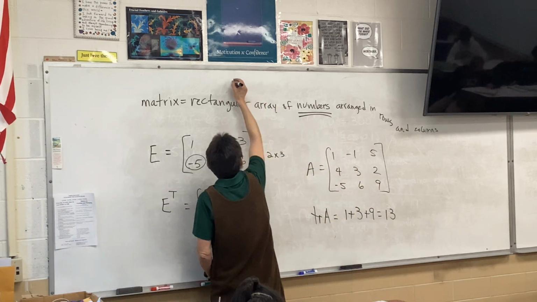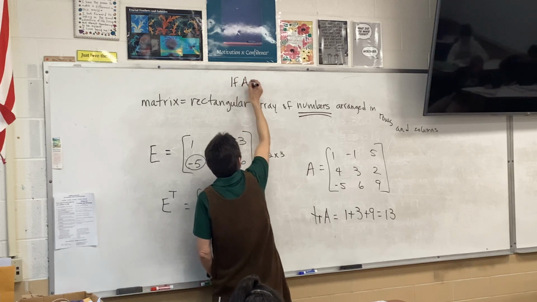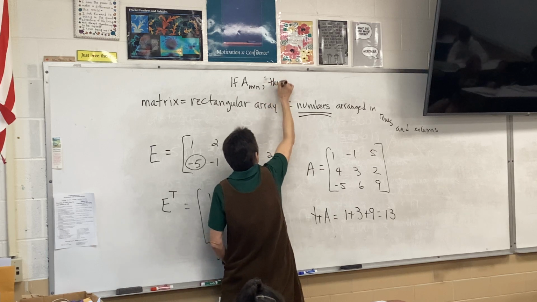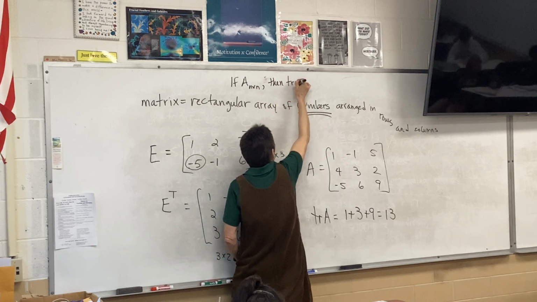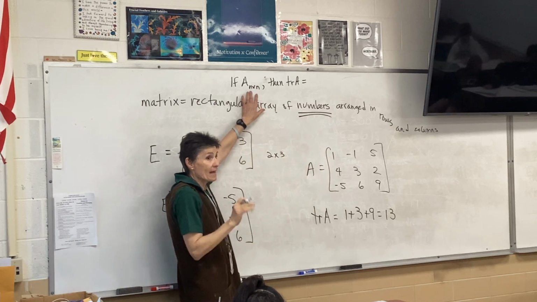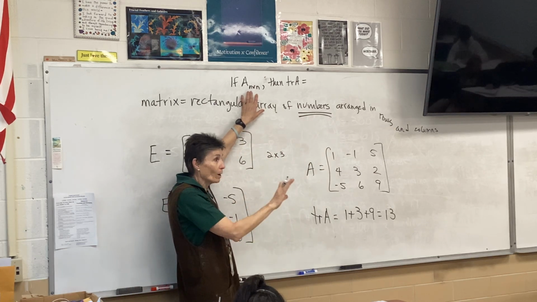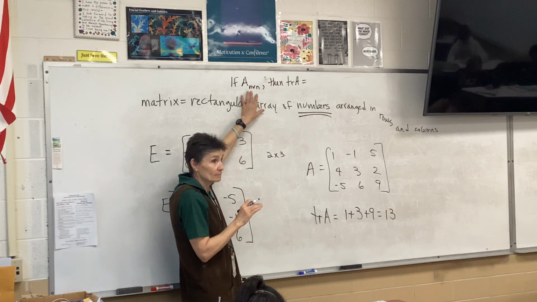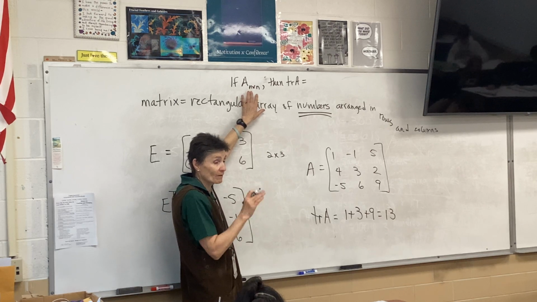So your definition for trace is, if A is n by n, okay, let's stop right there. If the matrix is n by n, what does that mean about it? It's square. 3 by 3, 5 by 5.